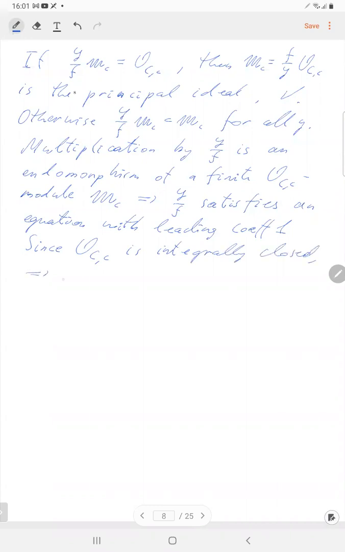Then it implies that y over f lies in this ring. Again, this is true for any y.